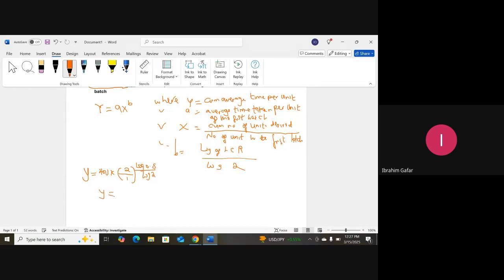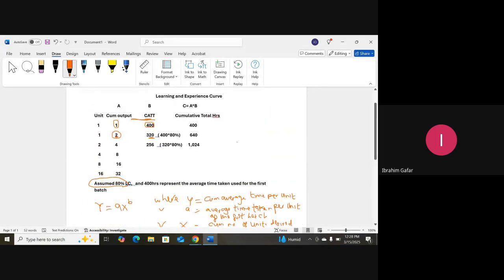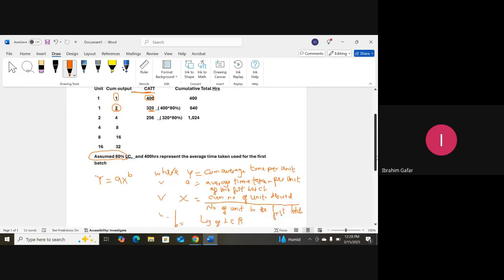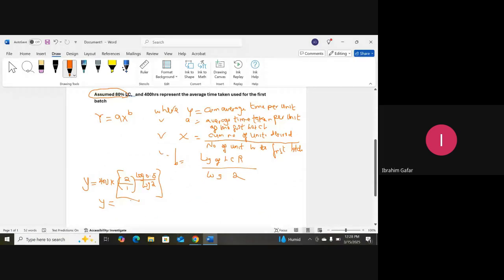Then when you calculate, you have to do from this place first. Whatever you get, multiply with 400. What you are going to get must be the same thing as 320. So that's when you use the formula. What do you have?